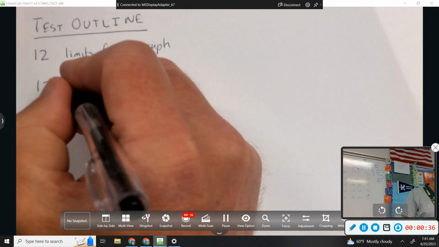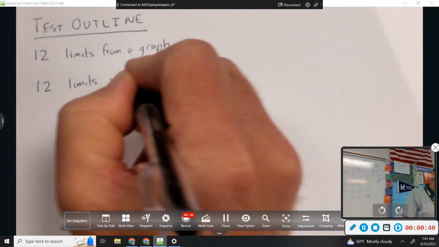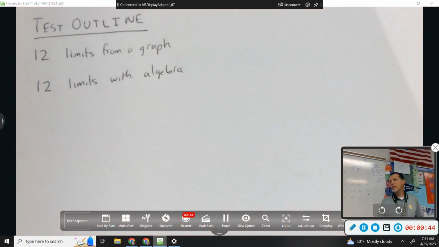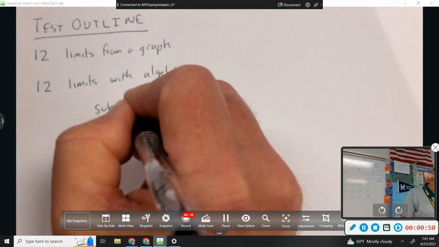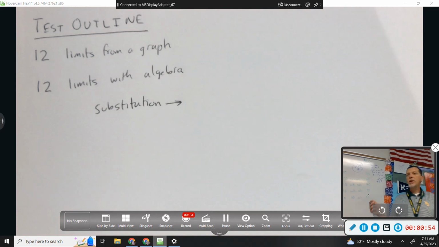Then there are 12 limits with algebra, I guess I'd say. Like that, you don't have a picture, you've got to do something. And you might remember from our little flow chart, always start with substitution. Sometimes you get an answer, that's great.